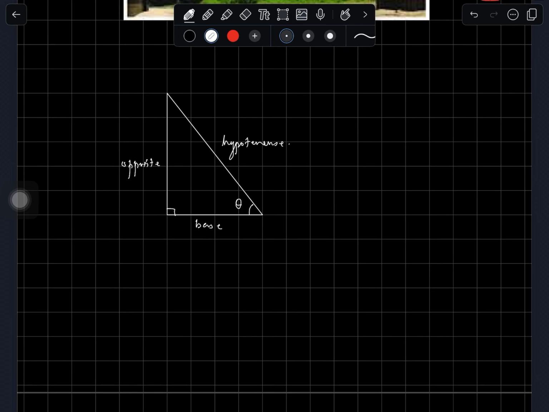A person may compare these three sides two by two in about six ways. A person who sees the hypotenuse first may compare the opposite side in terms of the ratio, and we can call that the opposite to the hypotenuse. The next one is you may compare the base to the hypotenuse.